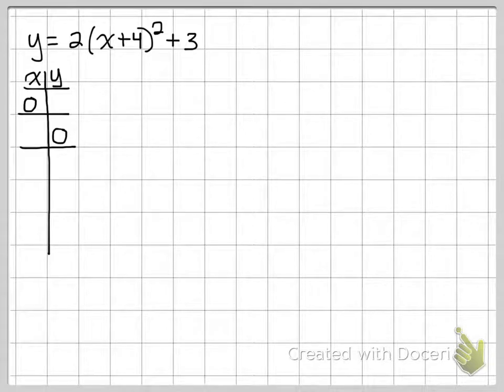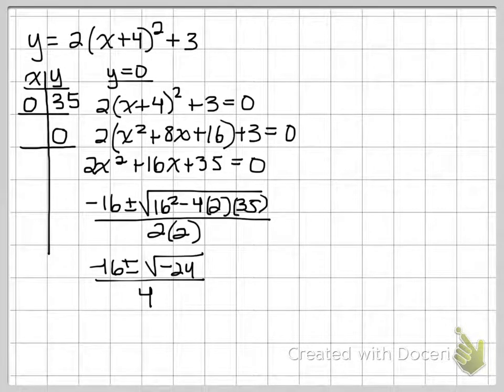So in this case, when x is 0, we get 35 it looks like. All right, so that's your y-intercept. And depending on the convenience, we may or may not graph that actually. And then when y is 0, so I've got y is equal to 0, what happens? I've got 2 times x plus 4.